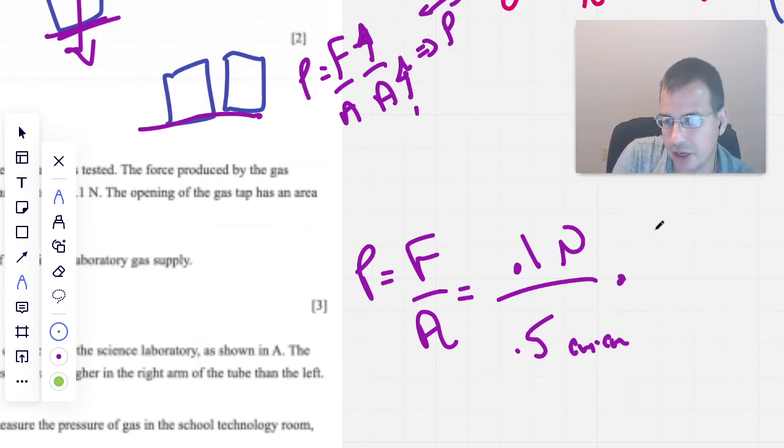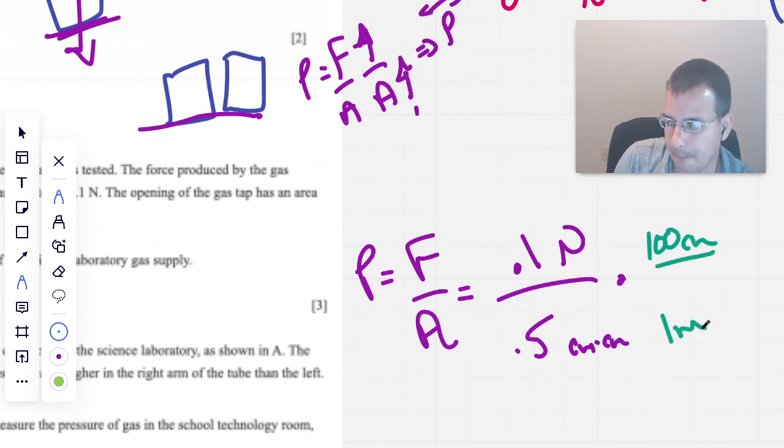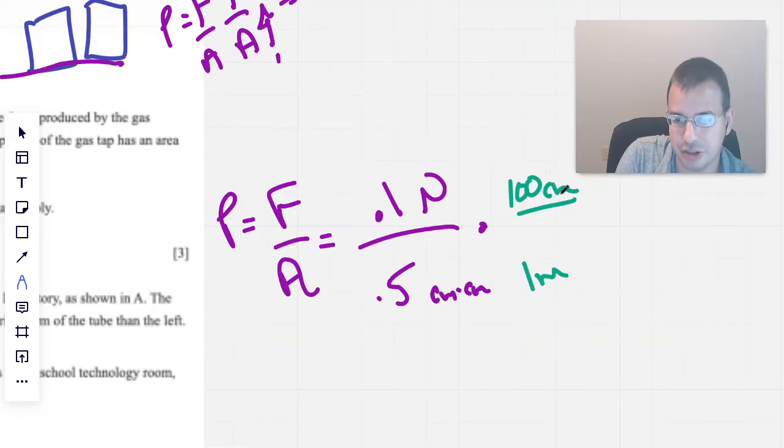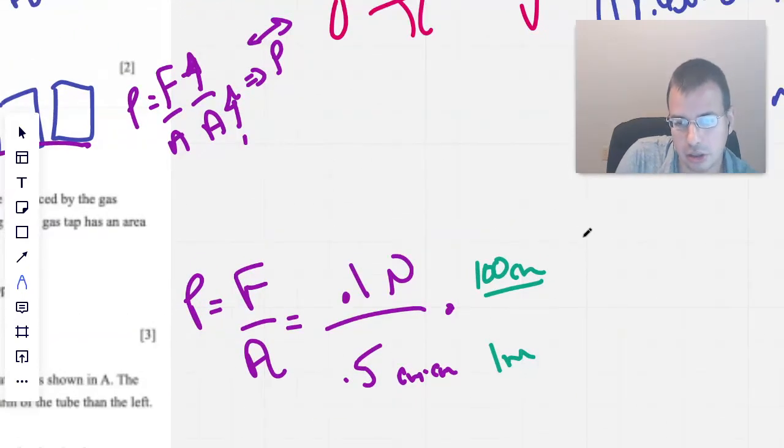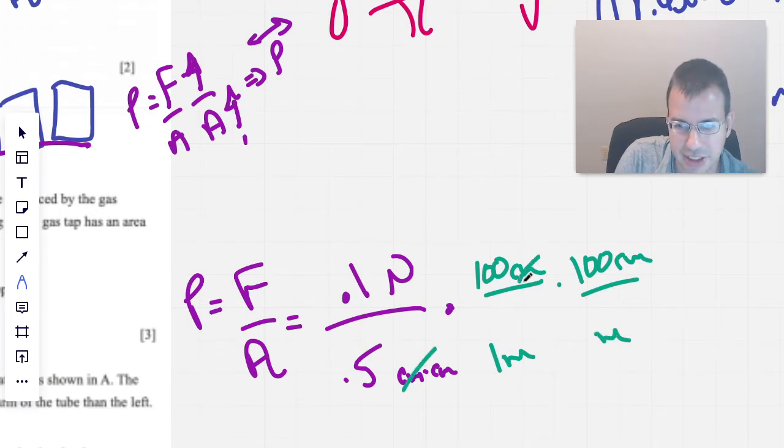That's convenient because it helps us visualize the conversion better, because then we have 100 centimeters per 1 meter times 100 centimeters per 1 meter, and we can see that each of the centimeters cancel out, and we're left with 0.1 times, and I'm going to call this 10 to the 4th, because each of these is 10 to the 2nd, all over 0.5 square meters, in newtons.